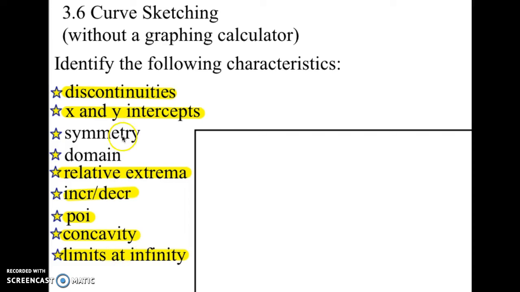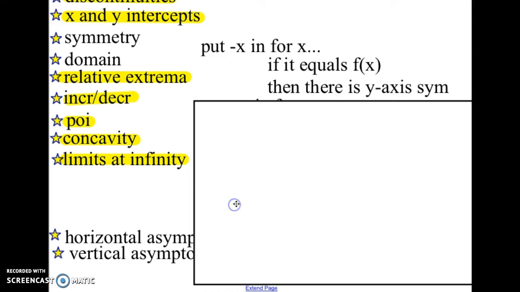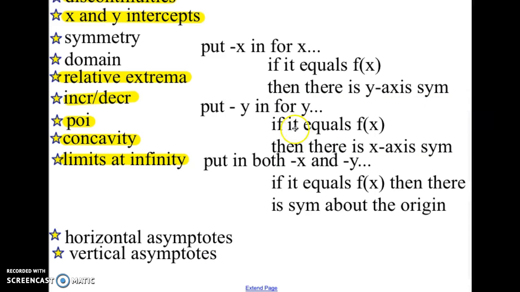If you don't remember how to find symmetry, you plug in a negative x for x, and if it equals f of x, then there is y-axis symmetry. If you put in negative y for f of x, and simplify it, and if it equals the original f of x, then there's x-axis symmetry.